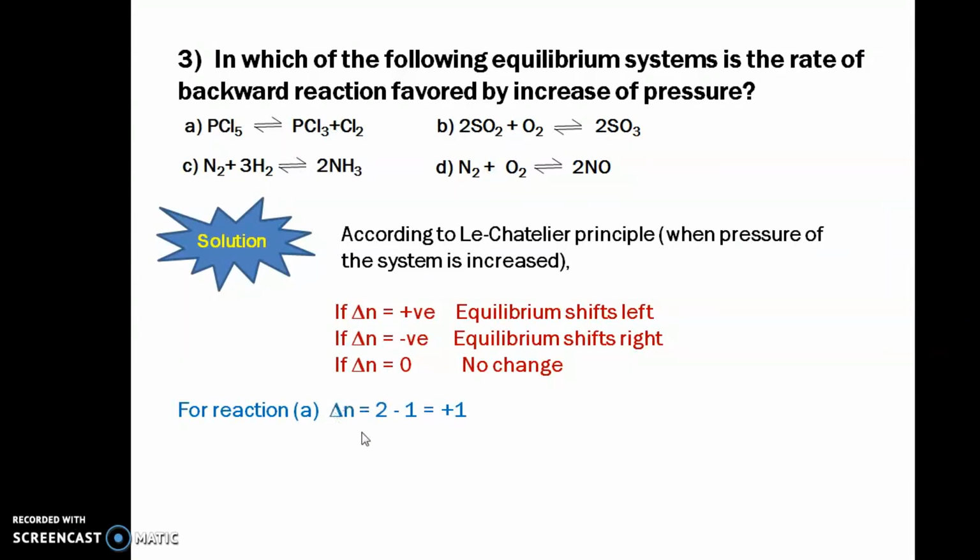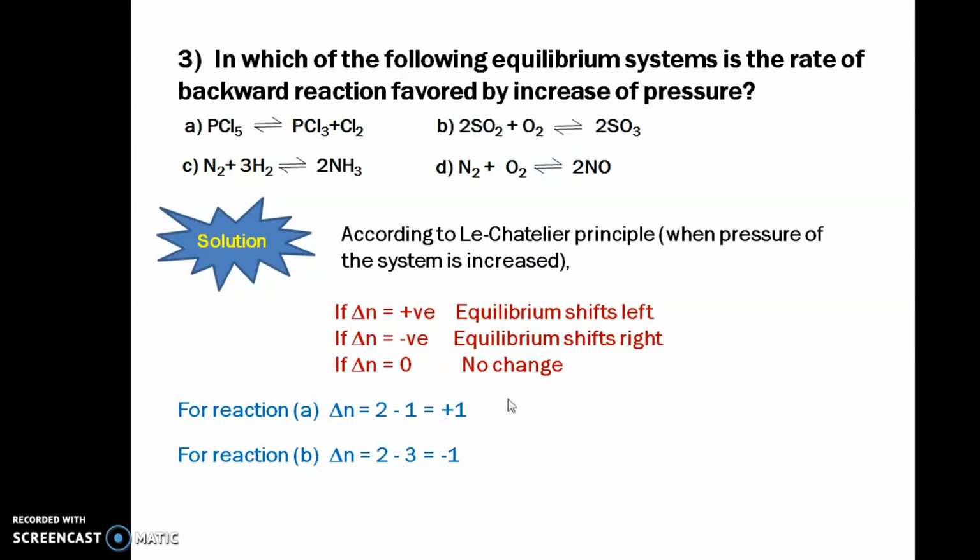What is delta N? It is the number of moles of gaseous products minus the number of moles of gaseous reactants. So, for the first reaction, gaseous products here, this is 1 mole, this is 1 mole. So, total 2 moles, reactant is 1 mole. So, 2 minus 1 is equal to plus 1. Similarly, for the second reaction, this is 2 moles, this 2 moles plus 1 mole.